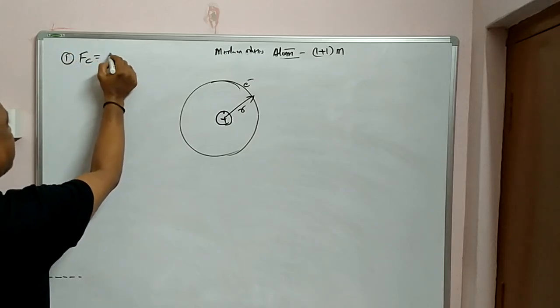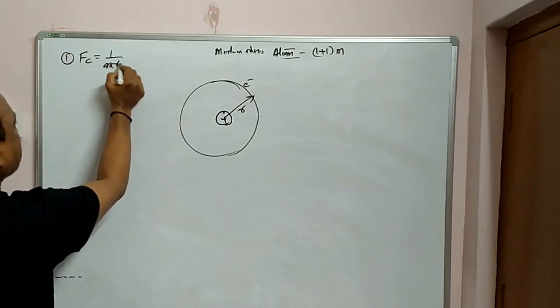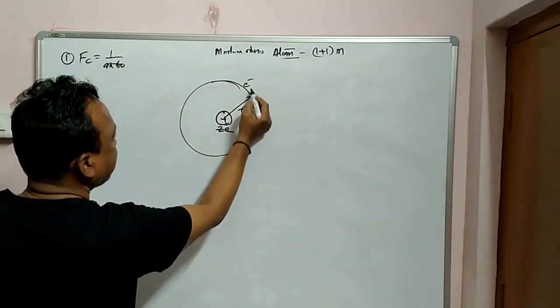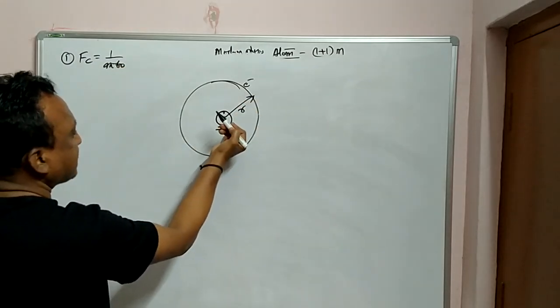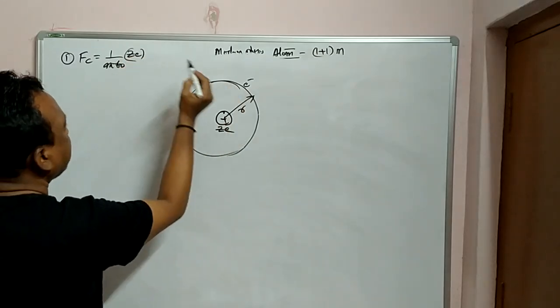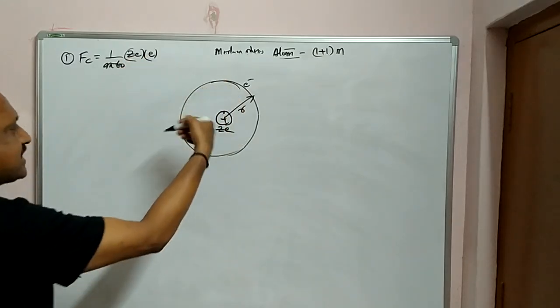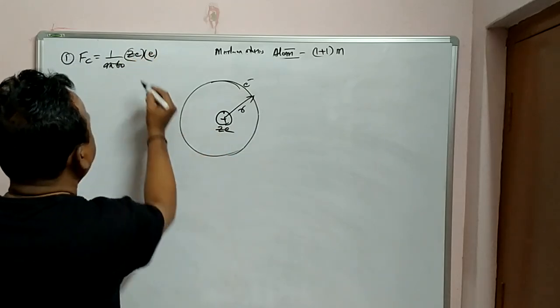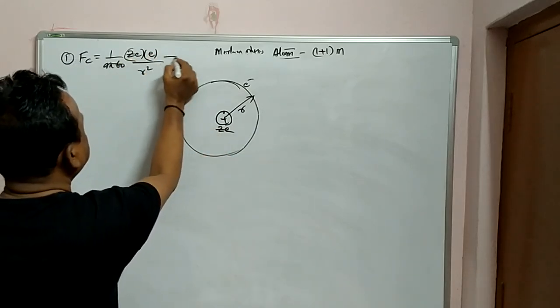What is Coulomb force? 1 by 4 pi epsilon naught into Q1, this is Ze, the charge of the nucleus, into E. Don't write minus because it is Coulomb's force, an attractive force.